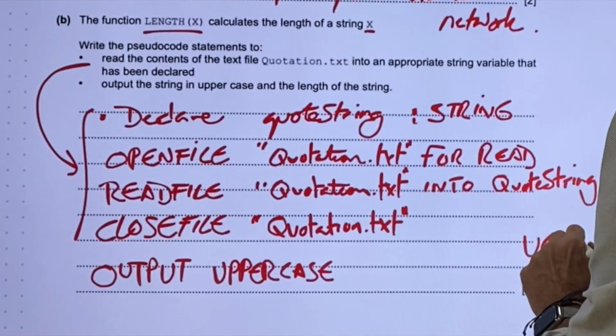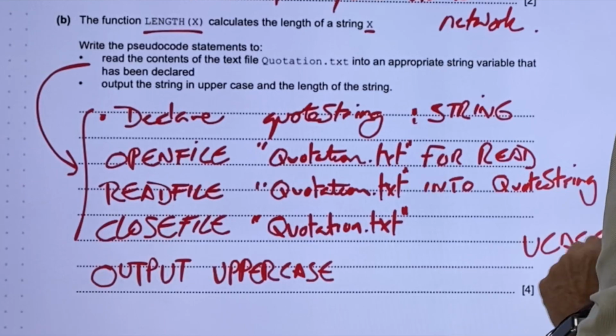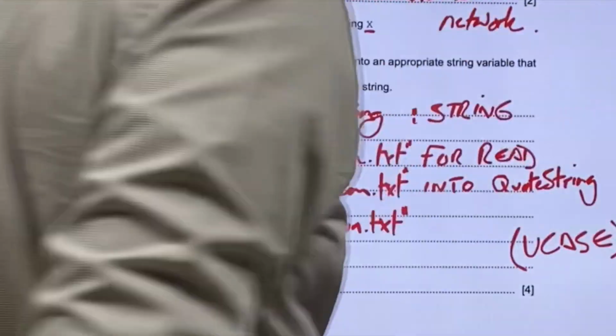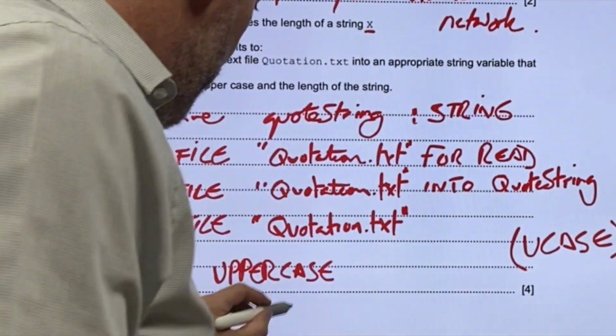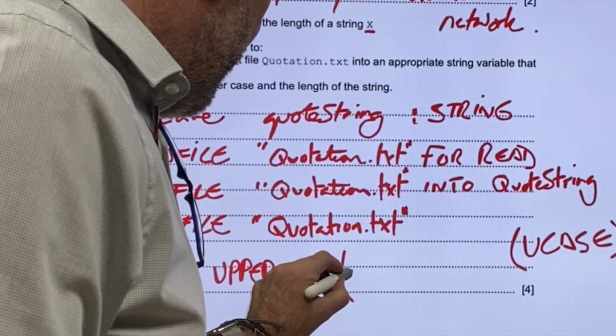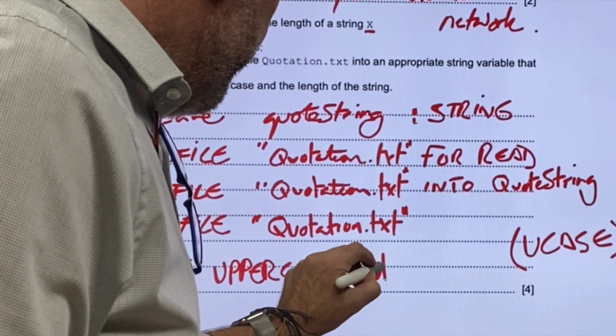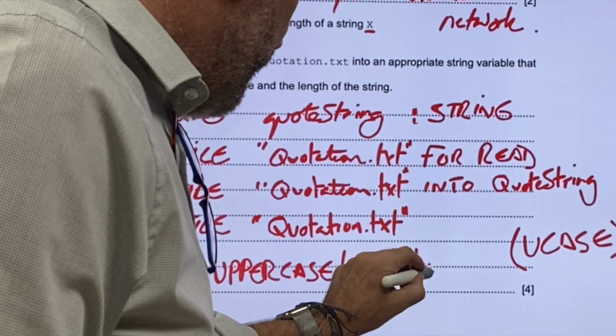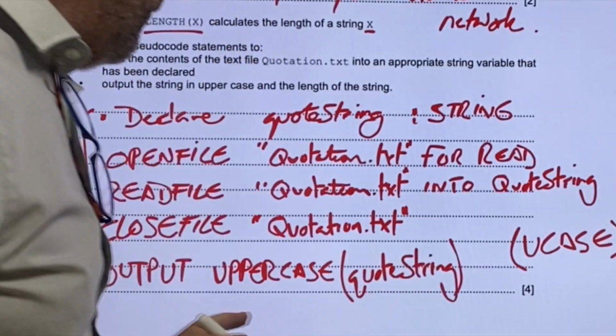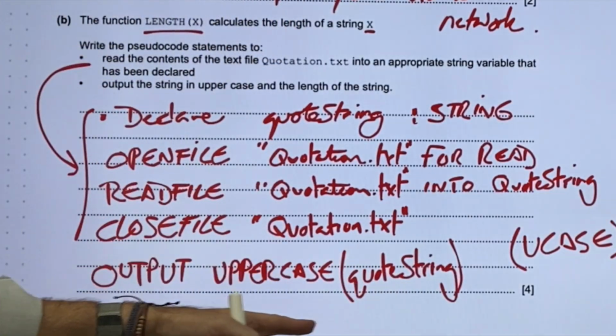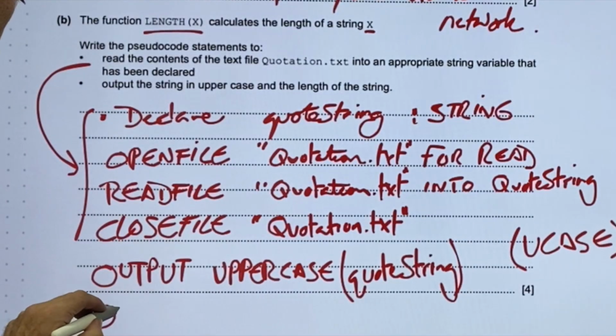I know I've seen UCase on papers. So output uppercase, and what am I going to uppercase? Quote string, my string variable. So output uppercase quote string, and then I'm going to output with an appropriate message.